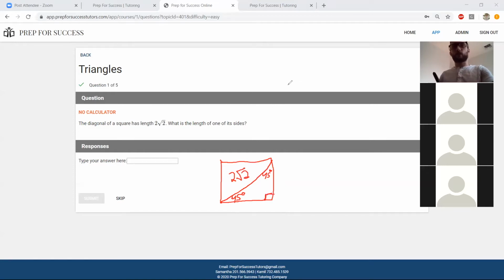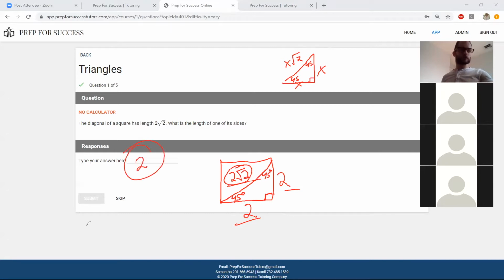Now, if you remember, what is a 45, 45, 90? Well, the rules are x, x, x root 2. So if I know that my hypotenuse is 2 root 2, then I know this has to be 2 and 2, because 2, 2, 2 root 2. So my answer, the length of one of the sides, is 2. Any questions on this one?